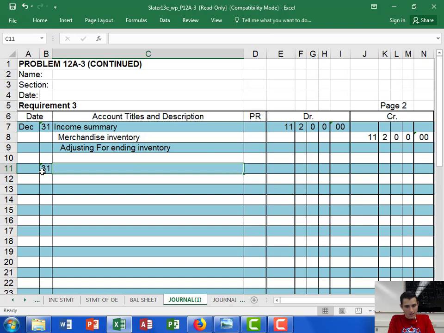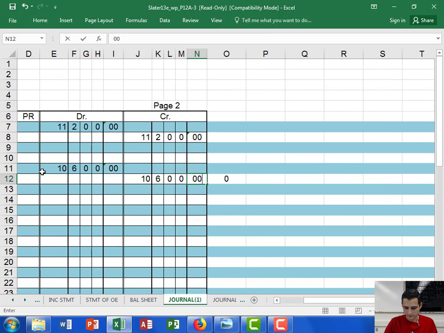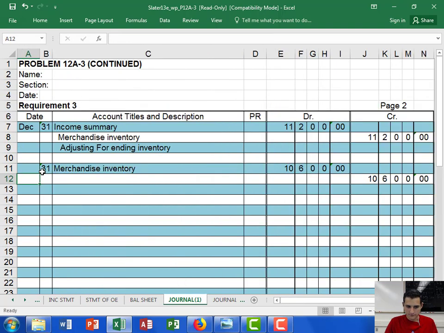You're going to put merchandise inventory for that $10,600. And then for every debit, there has to be an equal credit. And then you're going to credit income summary.